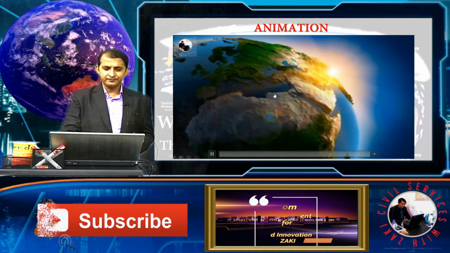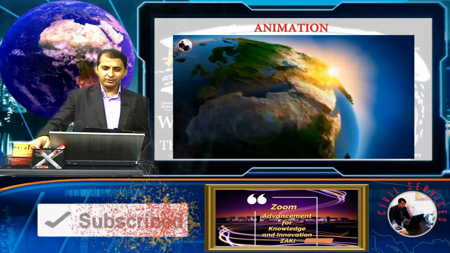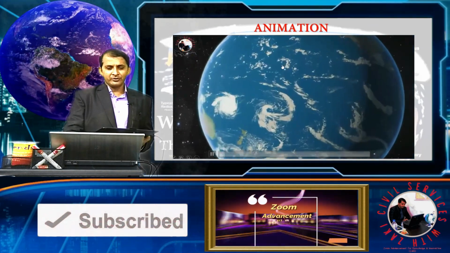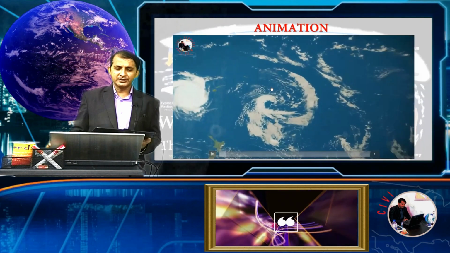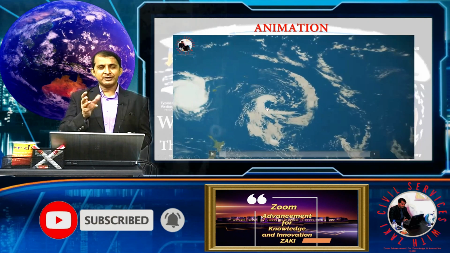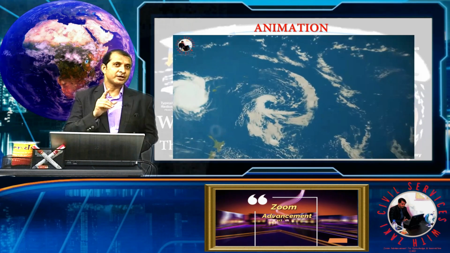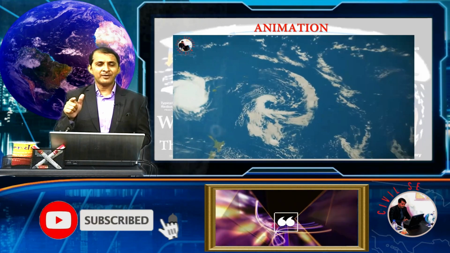So see here, the animation. As you know, these cyclones have mostly three stages. One is origin. For origin, we need a large ocean body with a temperature of about 26.5 degrees Celsius or more.